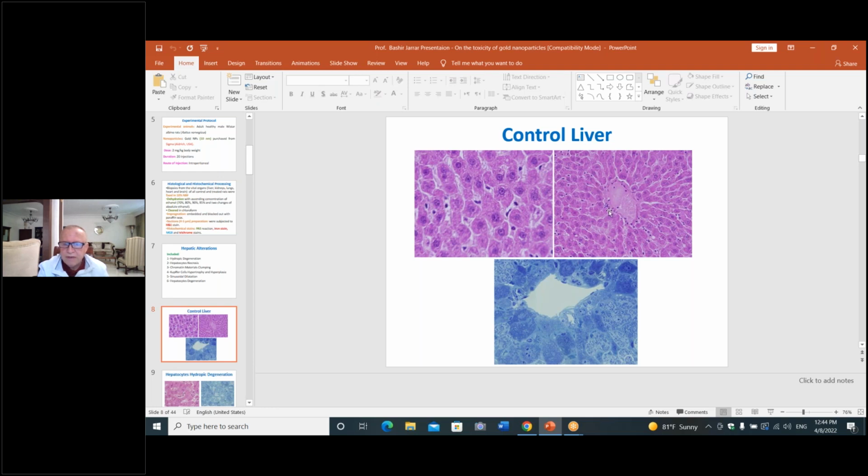Here we have the liver strands with the central vein. Everything is normal with good structures. The same thing here. This is a different stain, totally blue. We use it for the sections prepared for the transmission electron microscope, for electron microscopy.